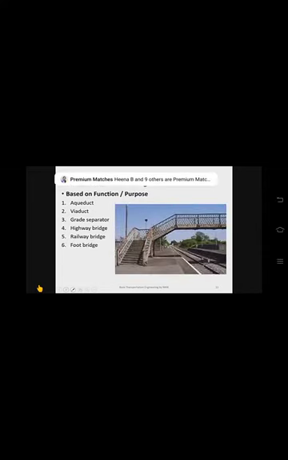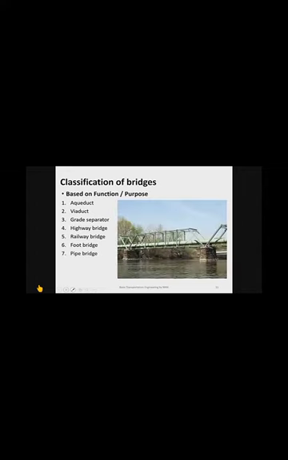Footbridge, for the movement of pedestrians from one end to another above the railroad, without any disturbance to the railroad. Pipe bridge, which we also discussed yesterday, is for the movement of liquid materials, that is oil or anything you can consider.